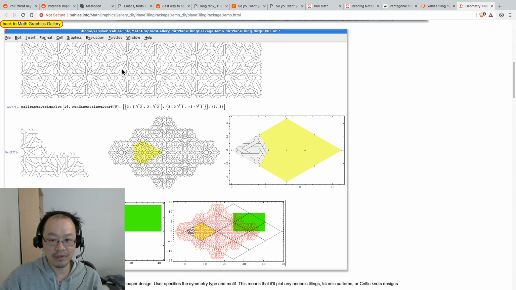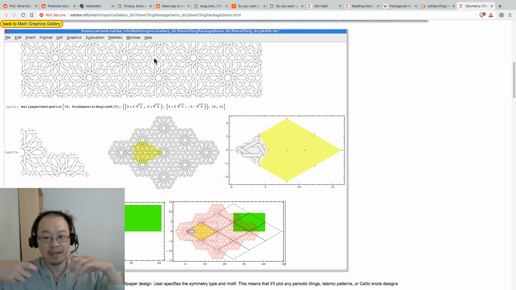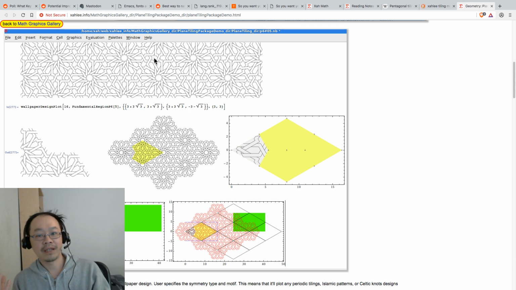For example, you see these things going around. You can trace the pattern where it goes, and you can find what kind of link forms the pattern. That's link theory, braid theory, and these theories are used in quantum physics.